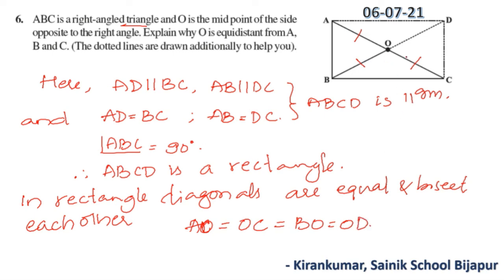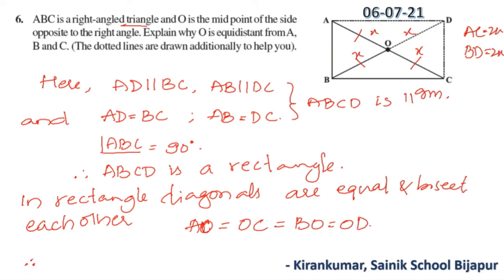Suppose I consider the length of AC as 2x, then AO will be x, OC will be x. Since the diagonals are equal, BD will also be equal to 2x, so BO and OD are equal to x.